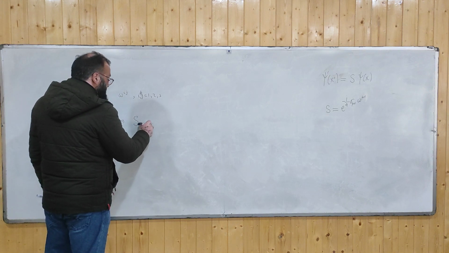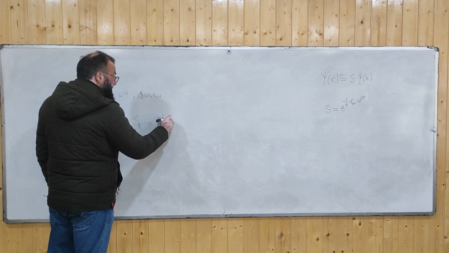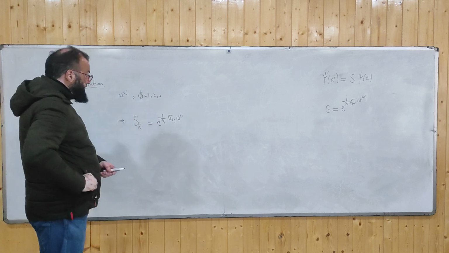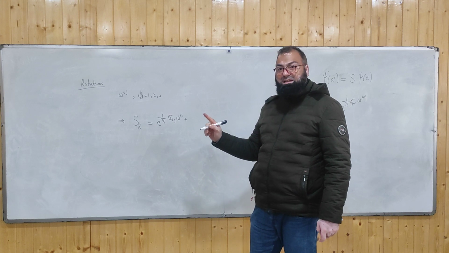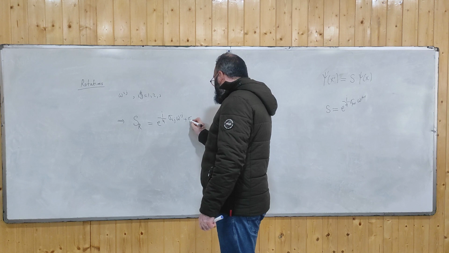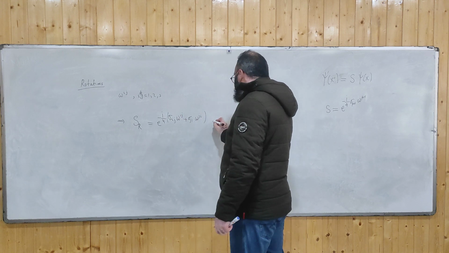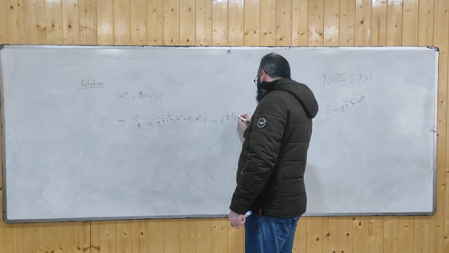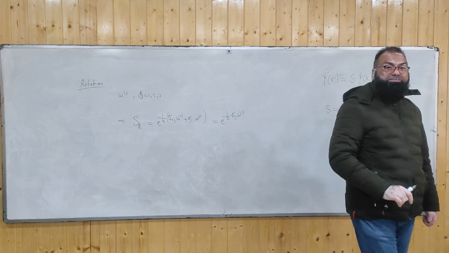How does it look? e raised to the power minus i by 4 sigma ij omega ij, and then sigma ji omega ji. Is it clear? So how much is that? It is simply e raised to the power minus i by 2 sigma ij omega ij, because this is the same as this thing. Clear?